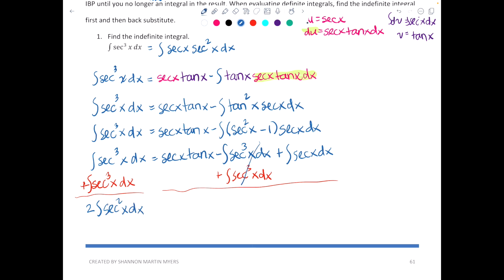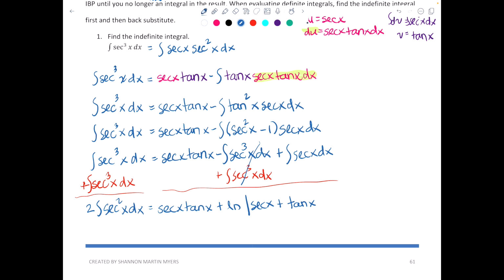On this side, it zeroes out. We're left with secant at x times tangent at x. And then the antiderivative of secant at x with respect to x is natural log absolute value of secant at x plus tangent at x.